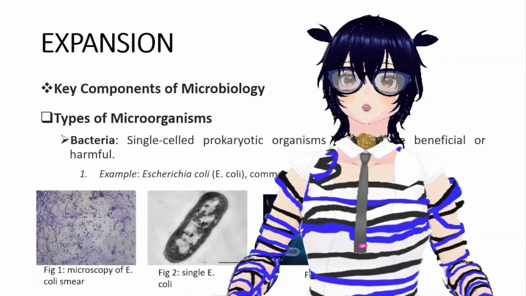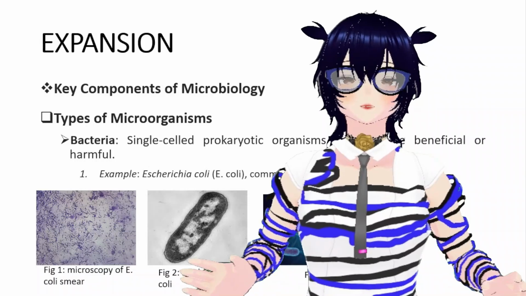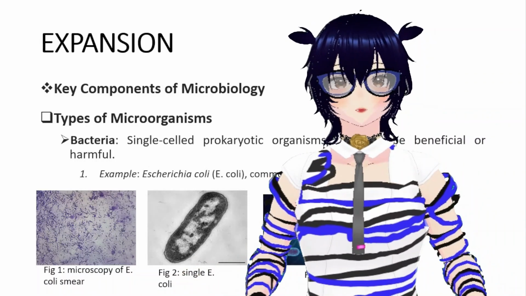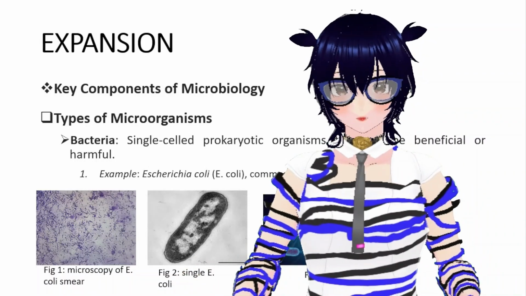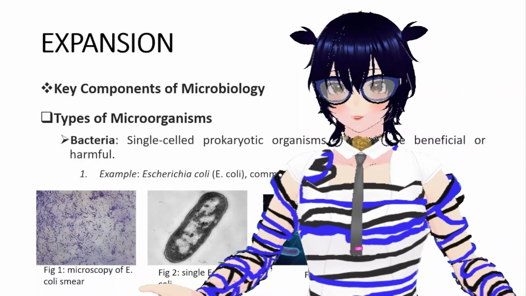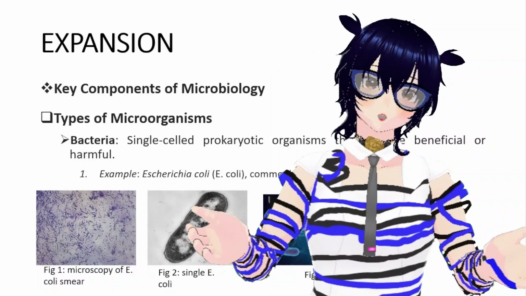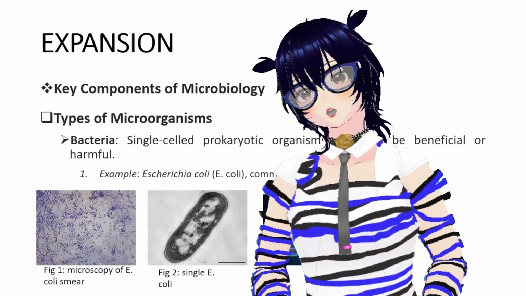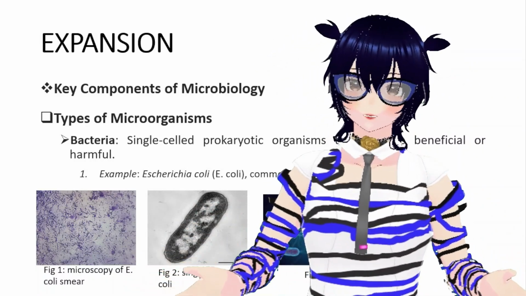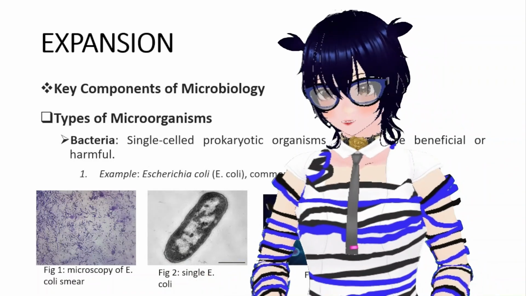The genetic material, the chromatin material, is suspended in the center of the bacterial cells, and it doesn't have a coating. The bacteria can be beneficial and can be harmful. We all know there can be a bad side and a good side to everything in this world, just like light and shadow.